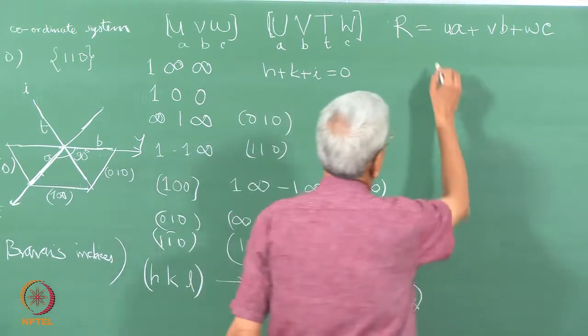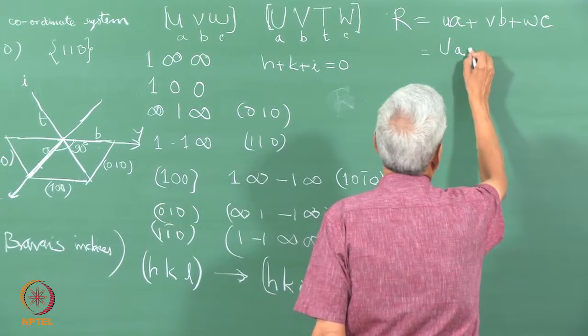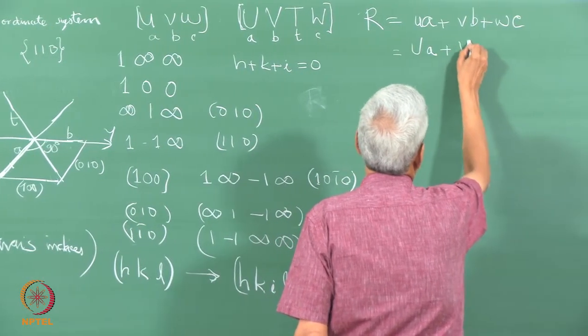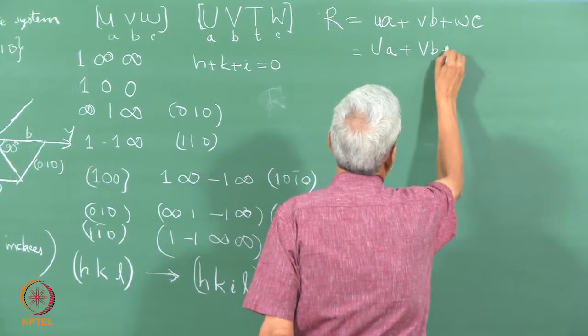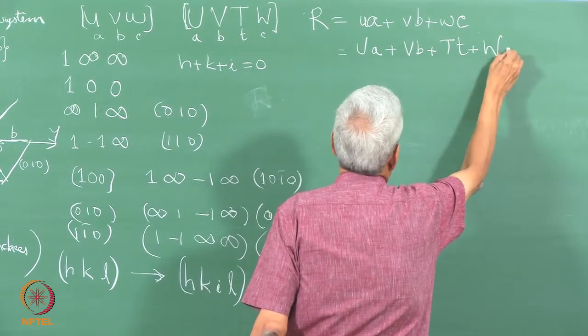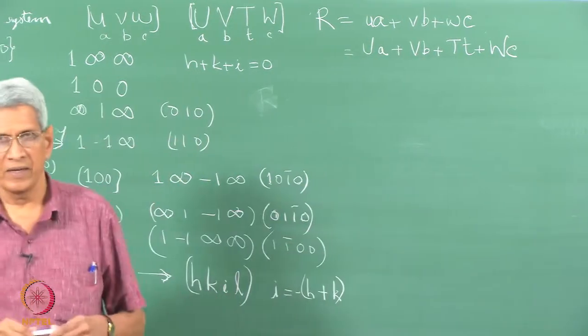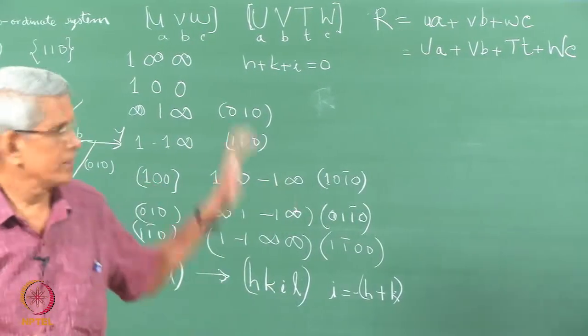In the other coordinate system it will be U into A plus V into B plus T into T plus W into C. Both are equal, correct.